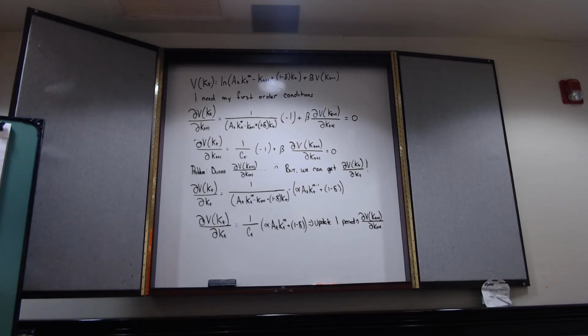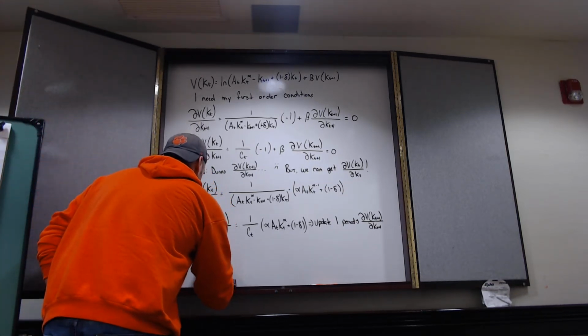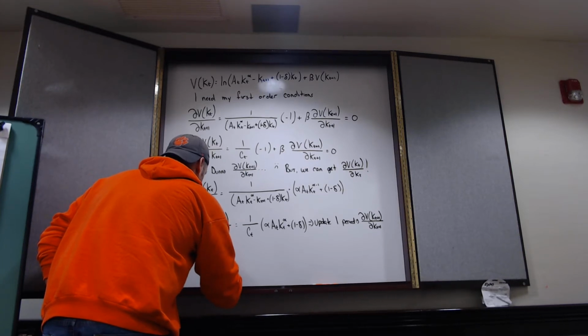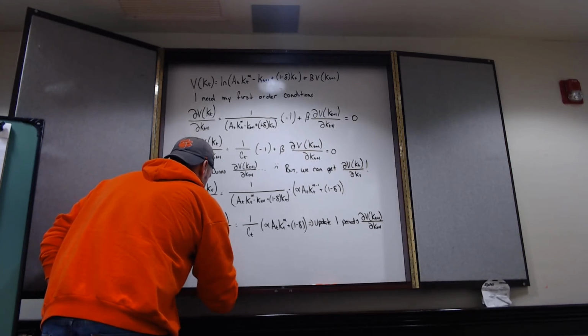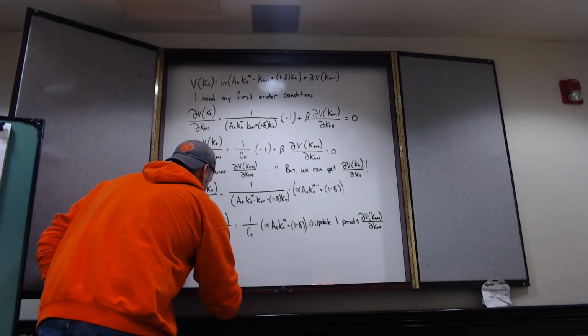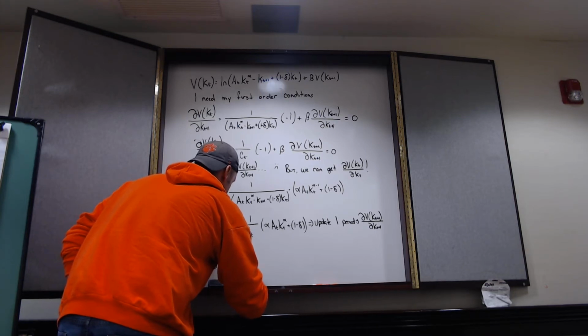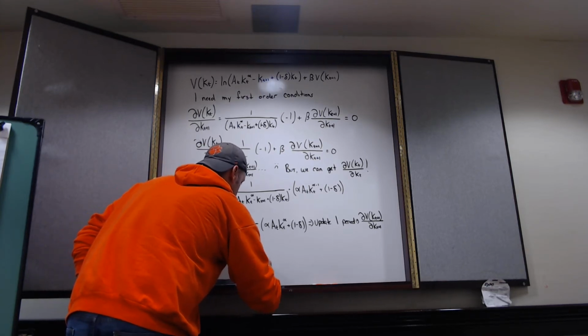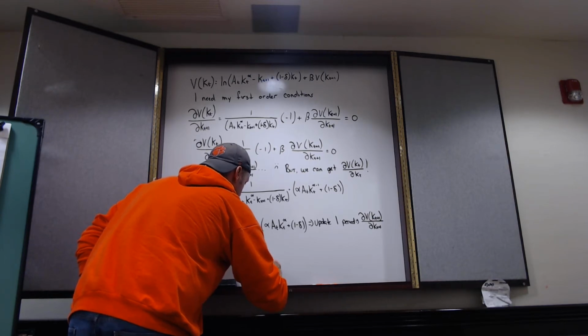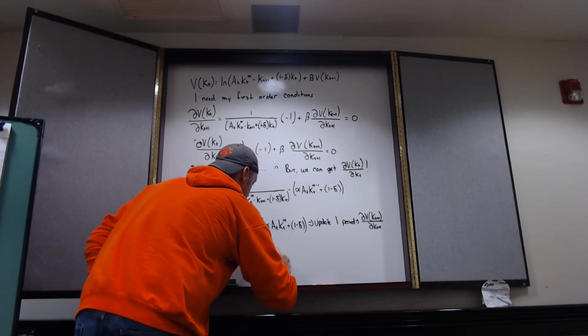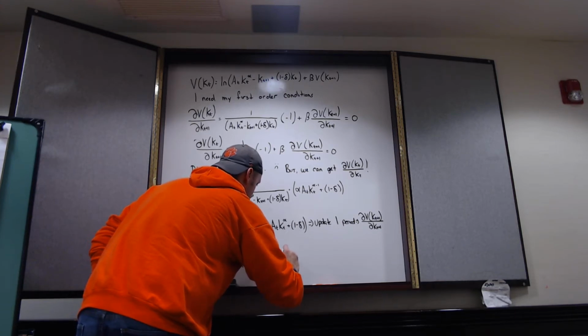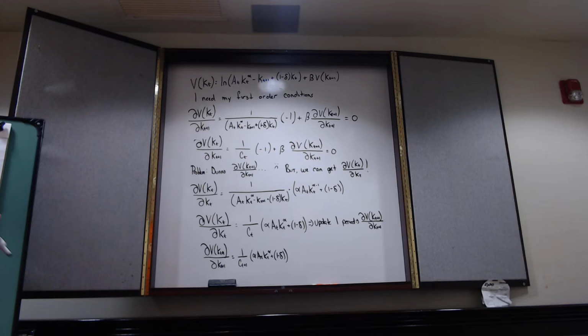So updating that guy 1 period gives me that. So now I've got dV KT plus 1, dKT plus 1, and I know what that's equal to.